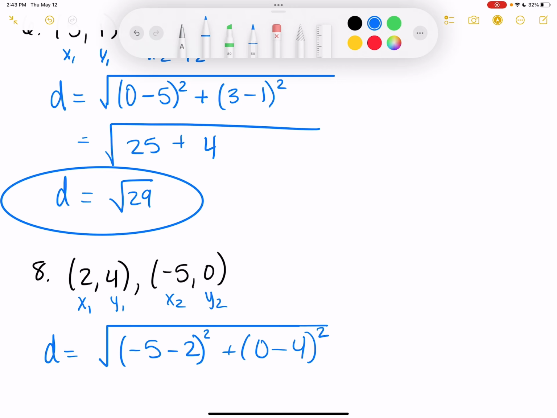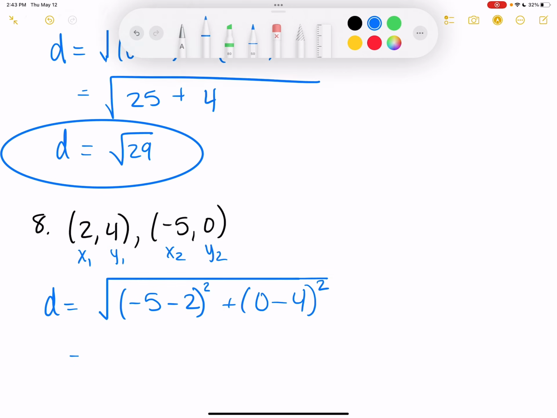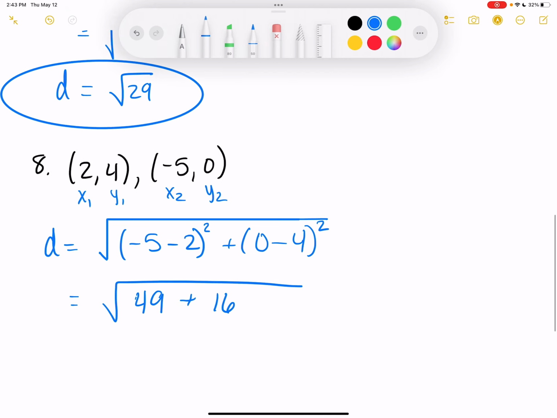Negative 5 minus 2 is negative 7. Negative 7 squared is 49. Negative 4 squared is 16. So then this is equal to the square root of 65.